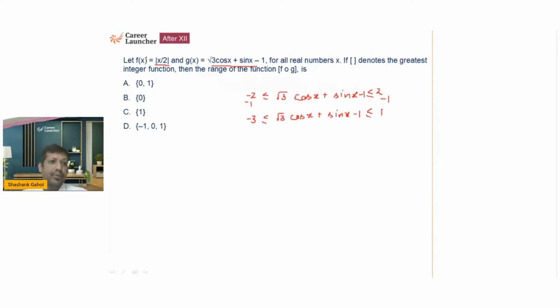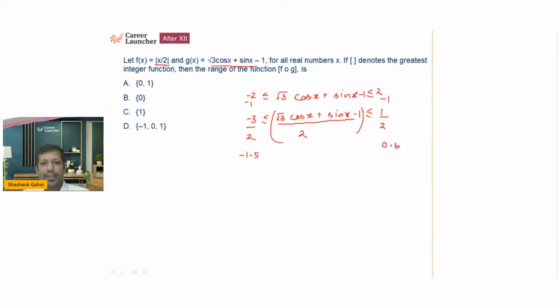Now the next one is saying divide by 2. So basically it can have a value from minus 1.5 to 0.5.